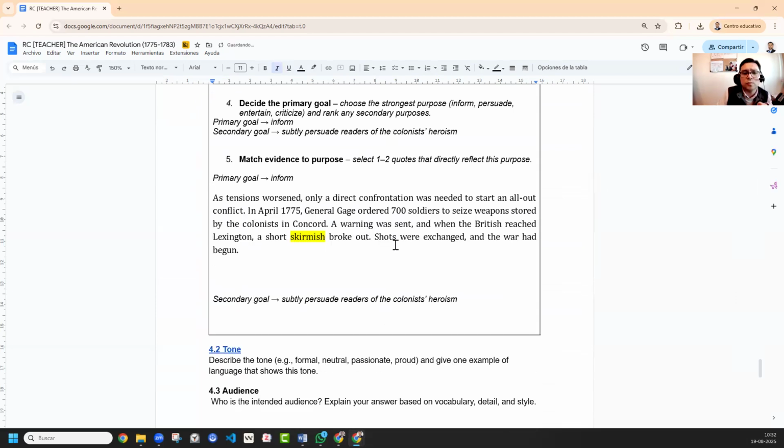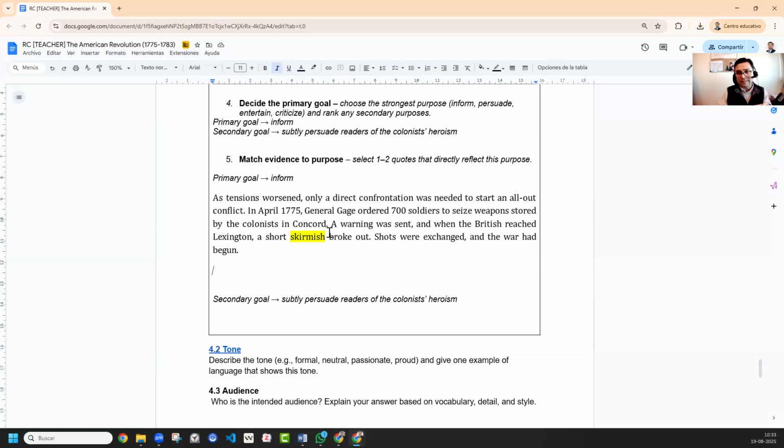Okay, as tensions worsened, only a direct confrontation was needed to start an all-out conflict. So this is an objective fact about a conflict that was escalating. Then, in April 1775, General Gage ordered 700 soldiers to seize weapons stored by the colonists in Concord.